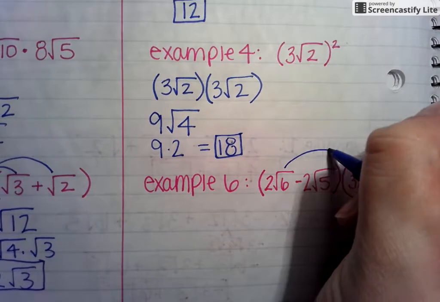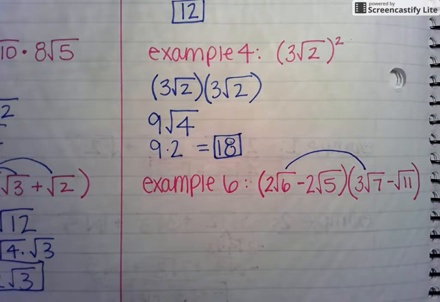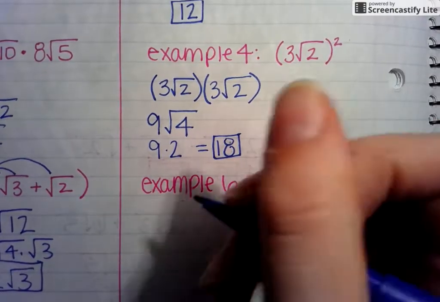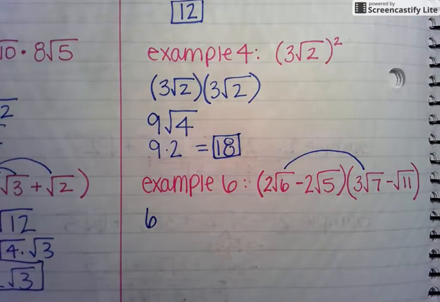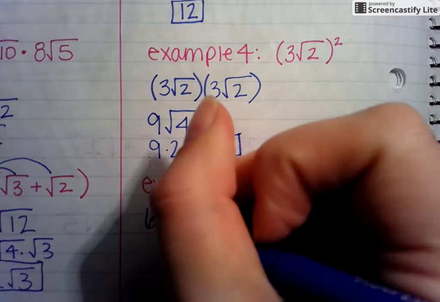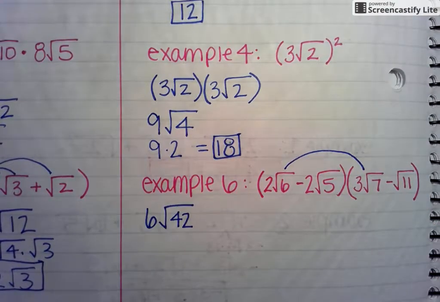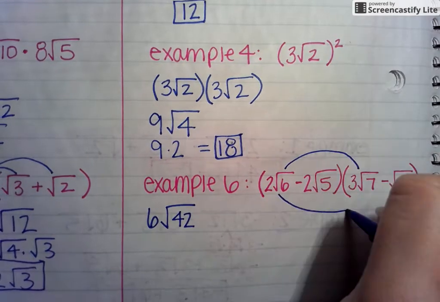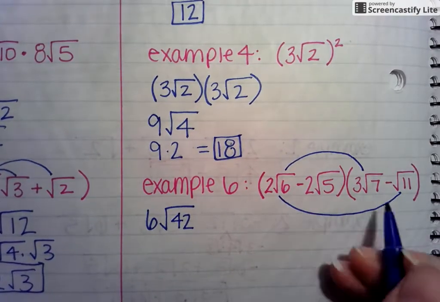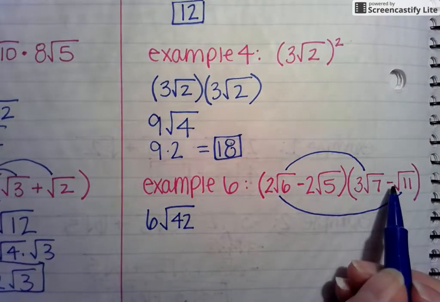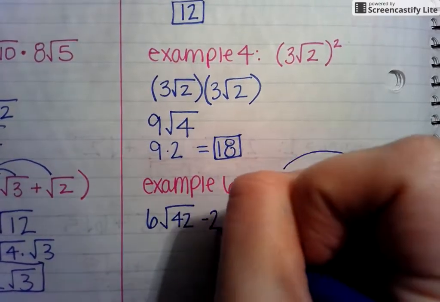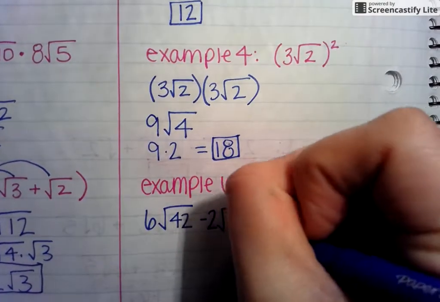So you're going to do first, so your first terms. So 2 times 3 is going to give me 6, and then 6 times 7 is going to be the square root of 42. Then I'm going to do 2 times the square root of 11. And now it's a negative, so it's going to be a negative 2 times the square root of 66.